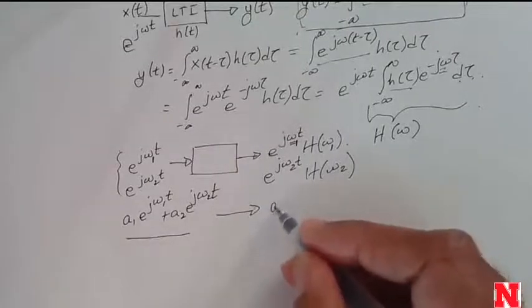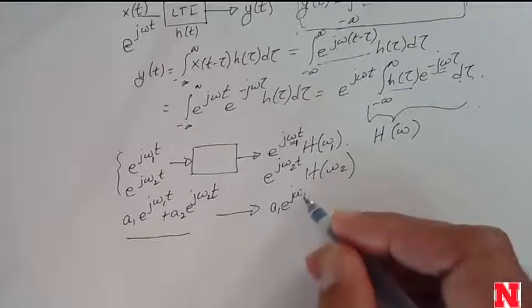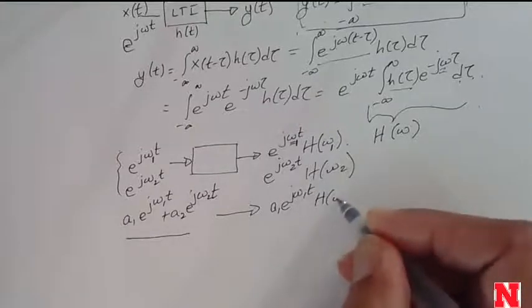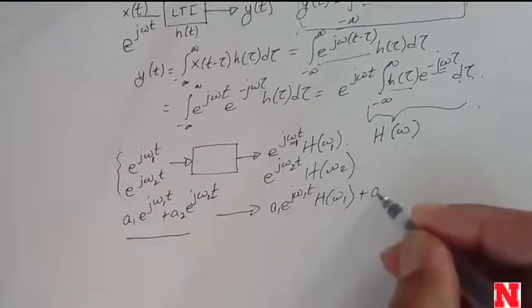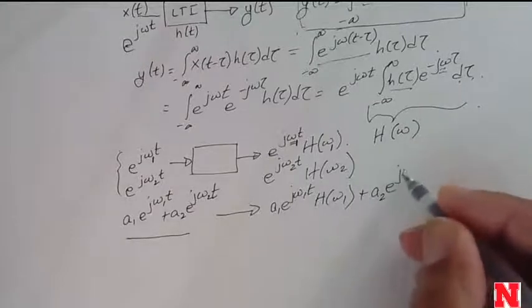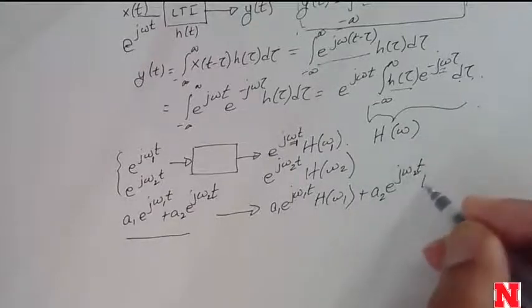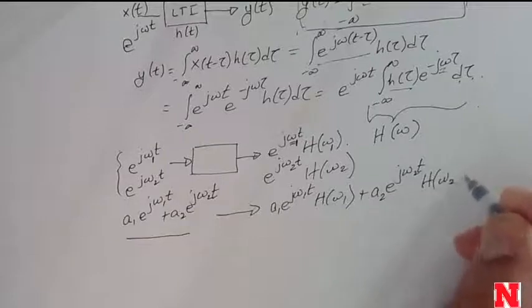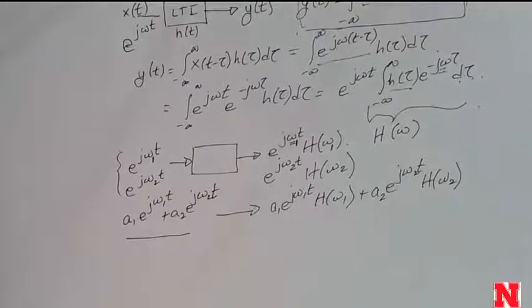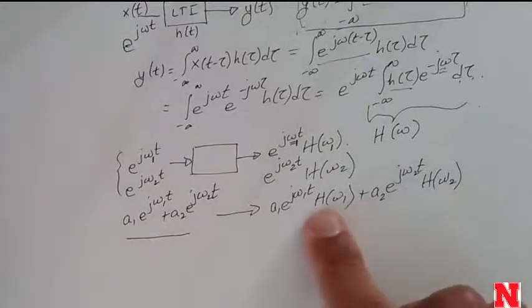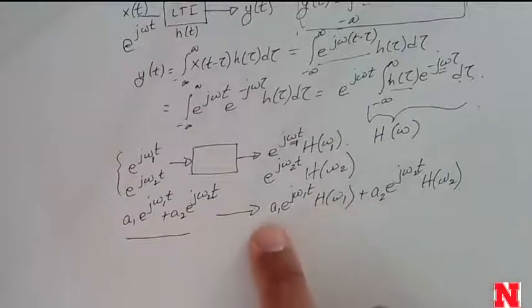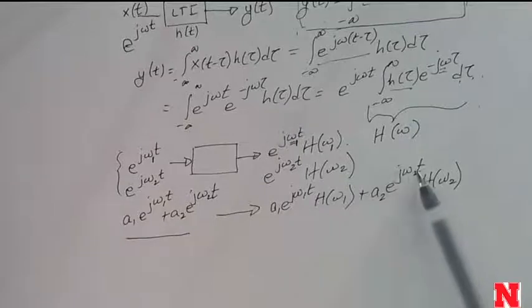The output is a1 e to the j omega 1t, h of omega 1, plus a2 e to the j omega 2t, h of omega 2, and that's it. I don't have to do convolution. I don't have to take any integrals. All I need is this function, and I need these coefficients corresponding to each of these frequencies, right?